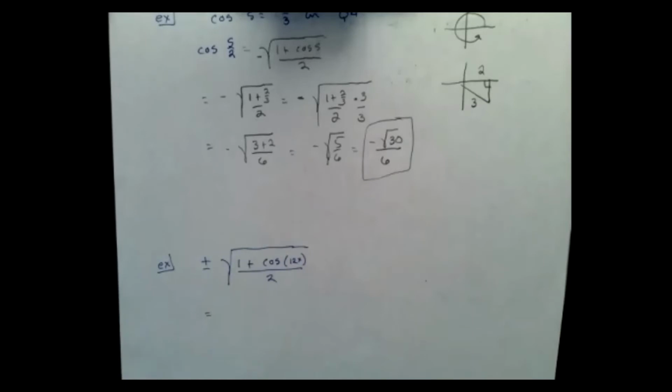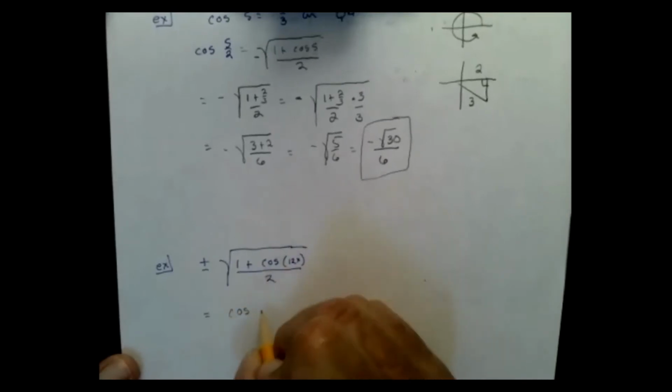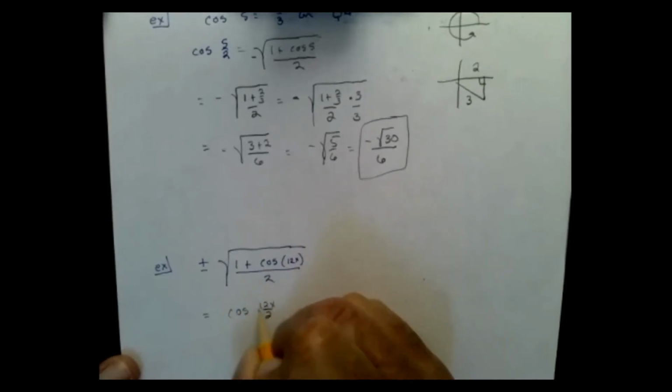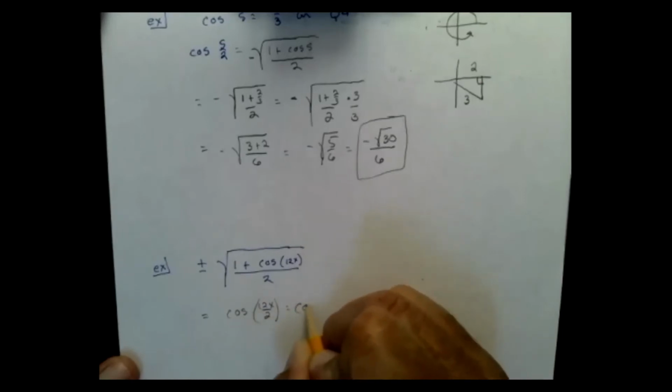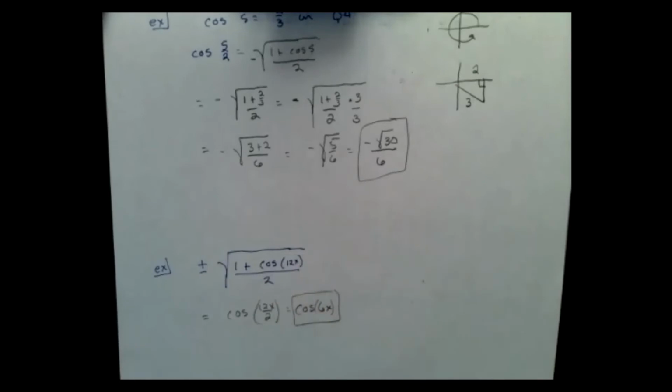I need that identity sheet. I need the one that's 1 plus whatever this is, over 2, the cosine of that over 2. It's going to equal the cosine of 12x over 2. Cosine of 6x. Is that it? Yep.